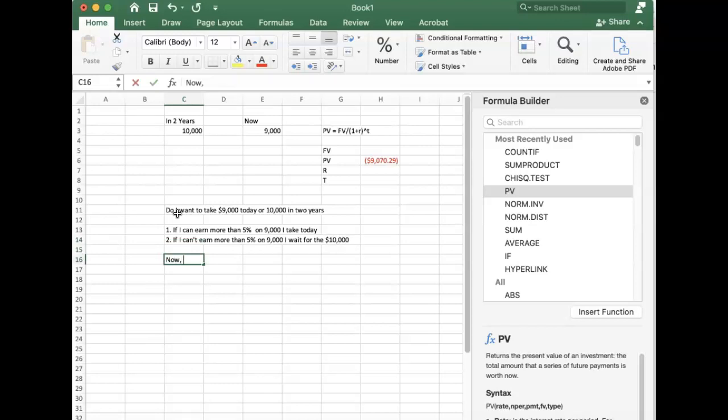Now, we also have risk, and this is payback risk. Will the company be able to pay me back the $10,000? That's a big question too.